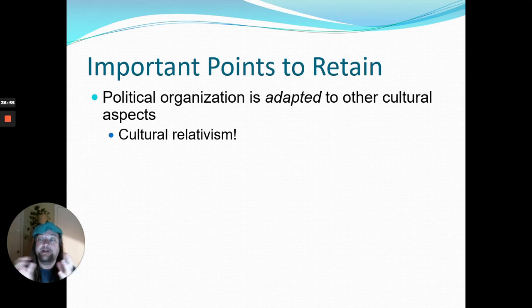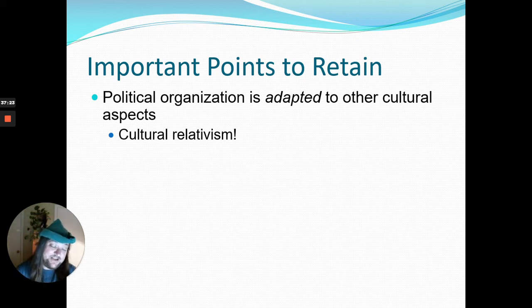And it also helps us understand cultural relativism, because if you've always grown up in a place where there was centralized leadership and you've grown to think that this is the only way a society can function, then when you hear about a society where they don't have formal leaders, they do everything informally, you're going to think, oh my god, that must be so chaotic, and you're going to have this ethnocentric reaction.